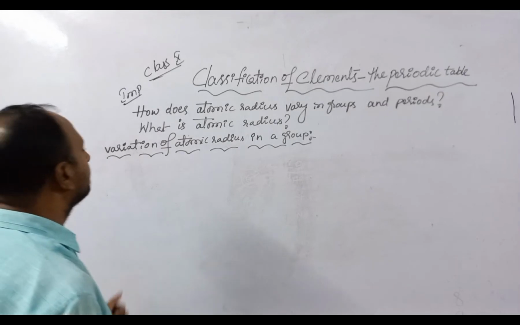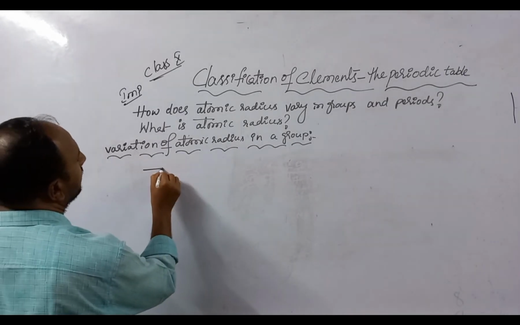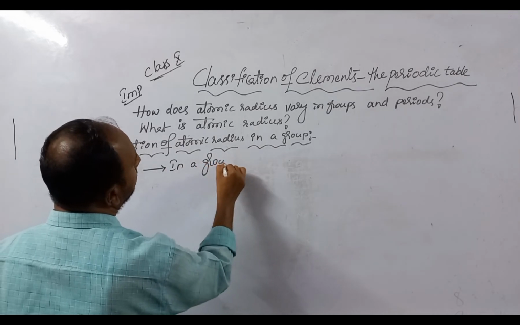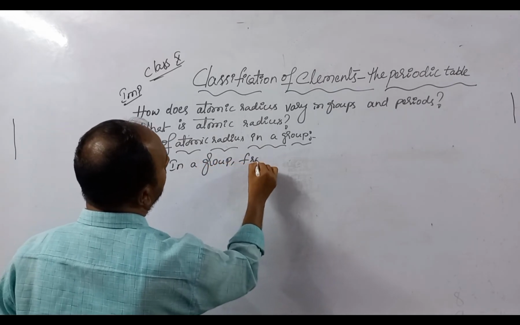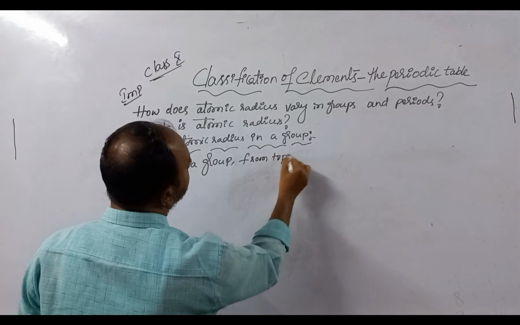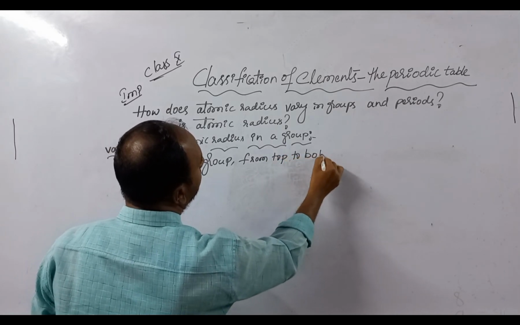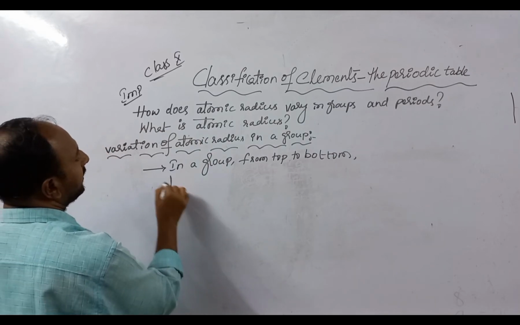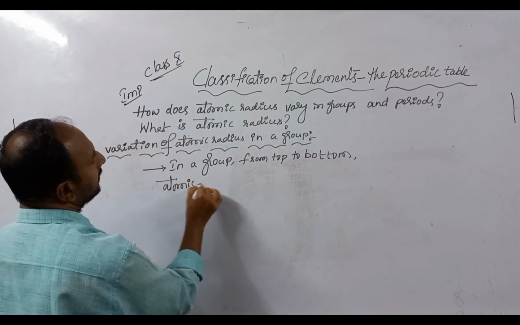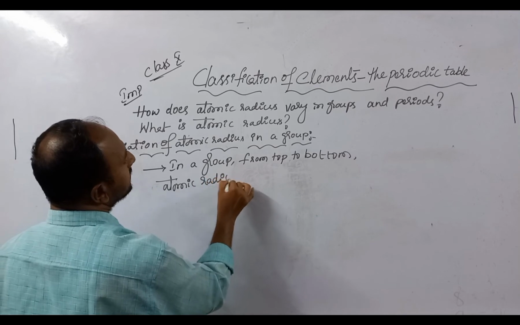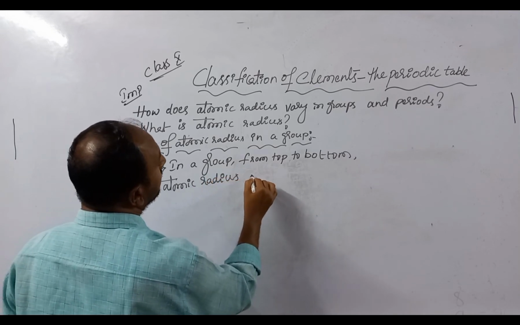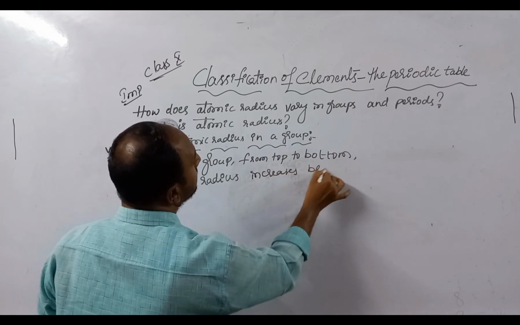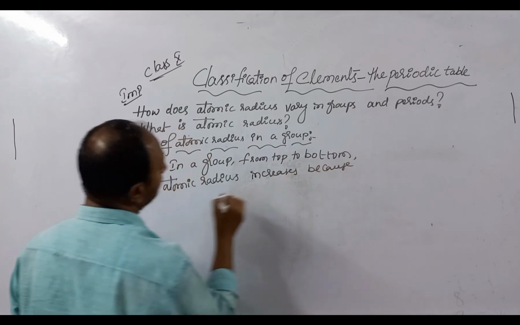So now, in a group from top to bottom, atomic radius or atomic size increases because of two reasons.